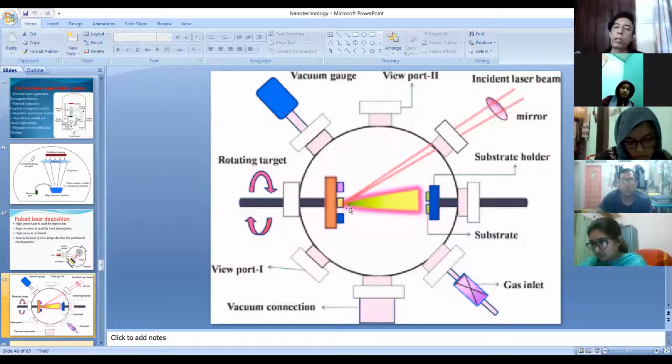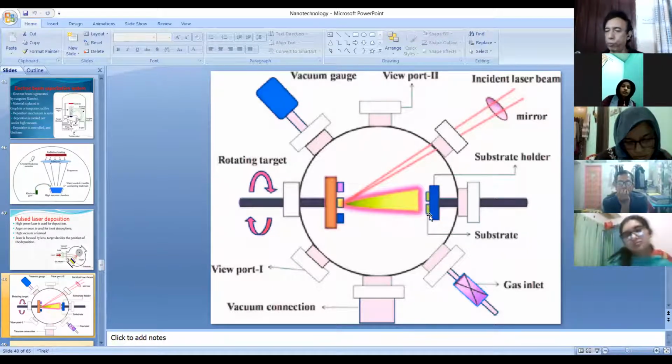Say, for example, oxygen ions will also be deposited here, which will contaminate your thin film. So high vacuum is required here, and you will get a very good quality of thin film.